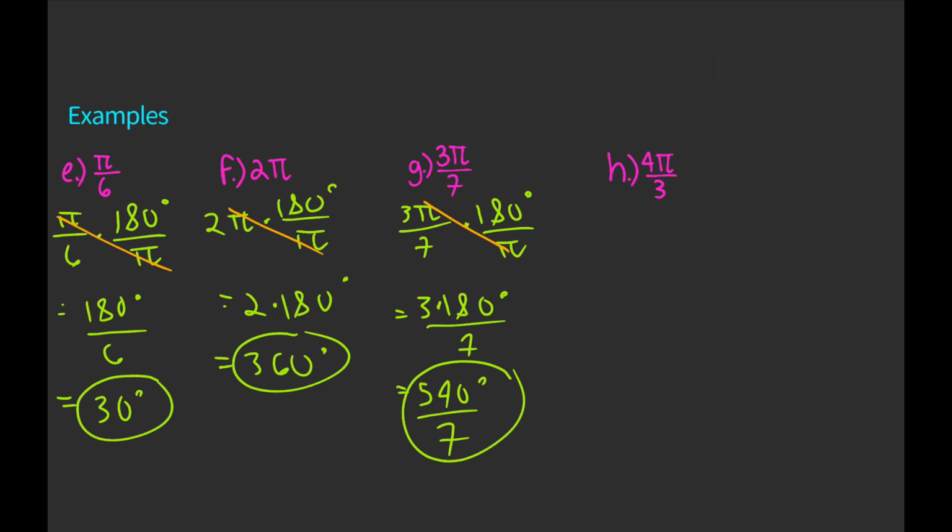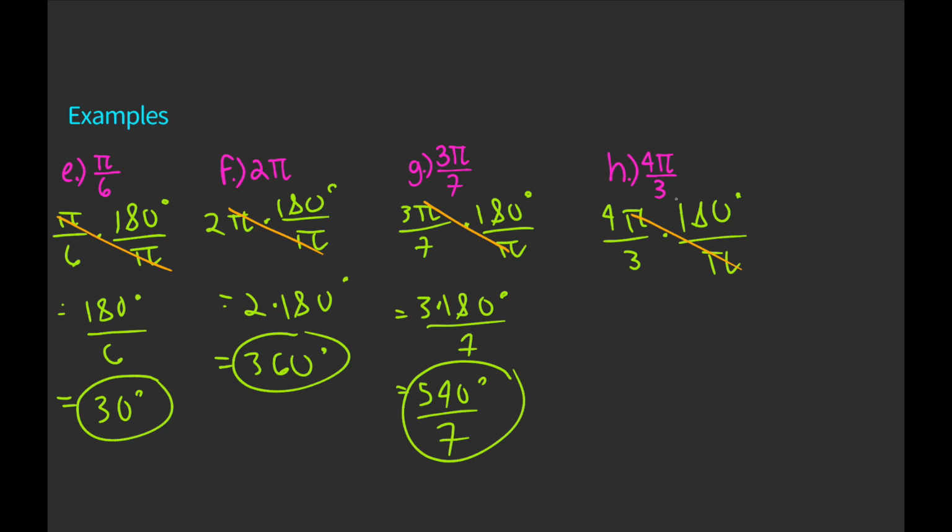Alright, so finally, our last one, example H, 4 pi over 3 times 180 degrees over pi. Once again, the pi's will cancel out.